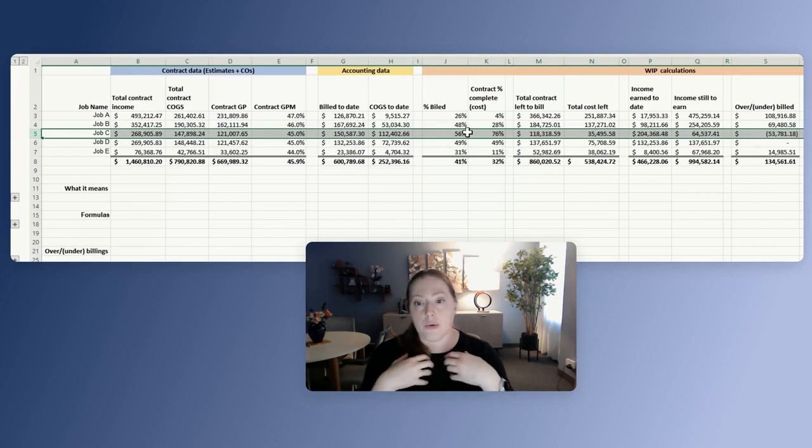What this means is that we are using our own funds to actually cover the cost of this particular job. So this is a situation that you want to avoid as much as possible. If you have to be on the side of over or underbilling, you always want to be on the side of overbilling, so that you're not using your own funds when it comes to the cost of these jobs.